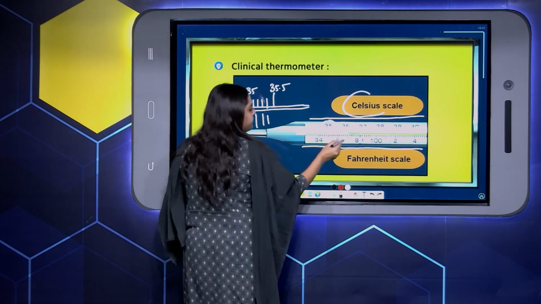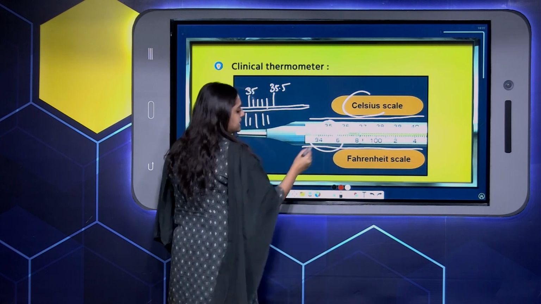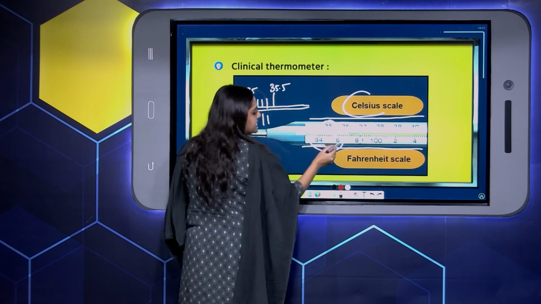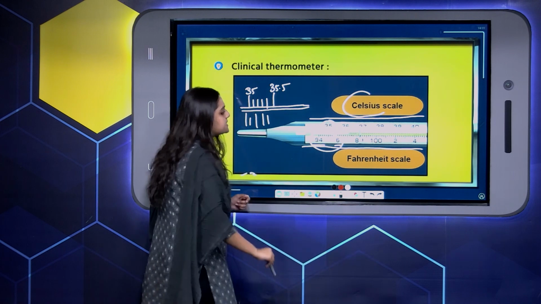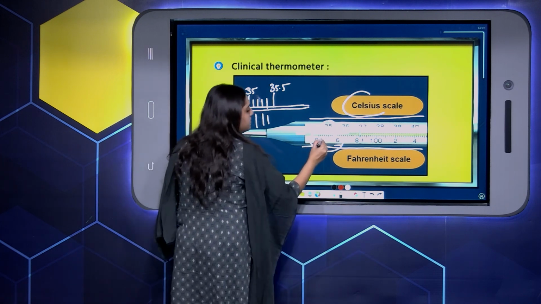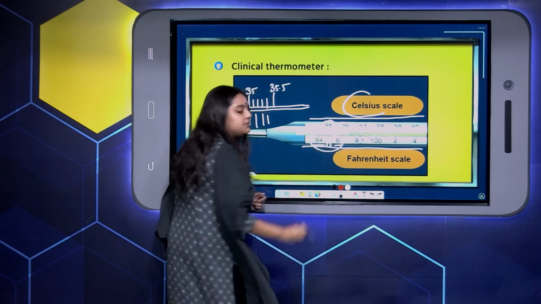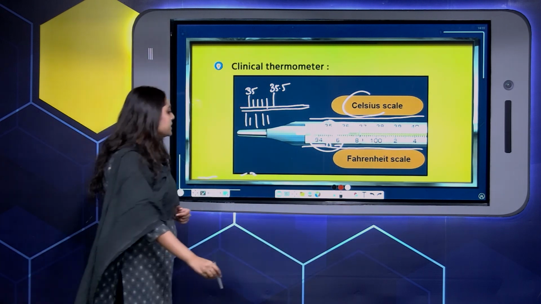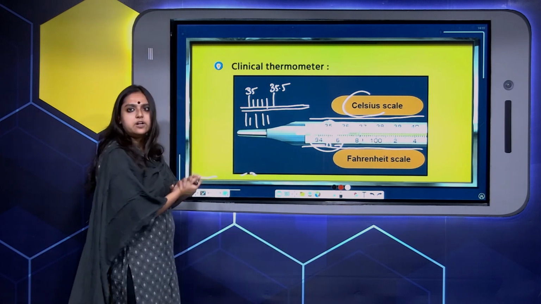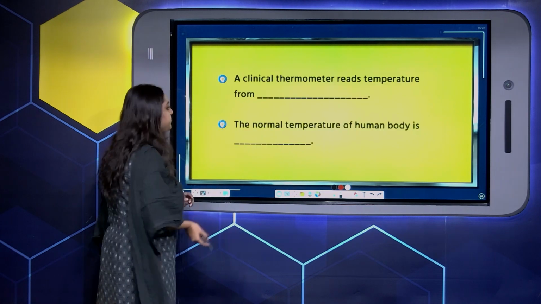Similar for Fahrenheit scale also. This is 94 and this is 96, right? So this would be 95, right? So moving on to the next slide. Okay.